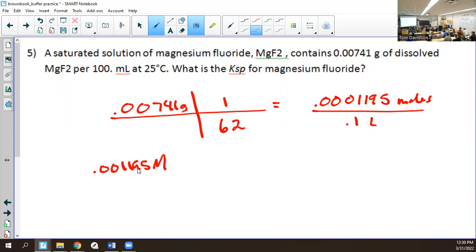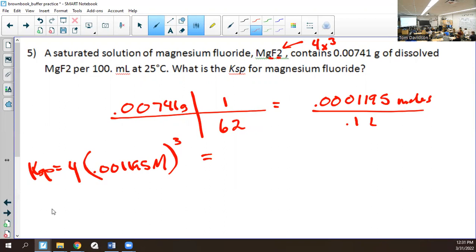Okay. Now, there's 2 ways to do this process. I personally would already have memorized that a KSP for a 1 to 2 things was 4x cubed. That's what I would do. So I would say the KSP is equal to this times 4 cubed.